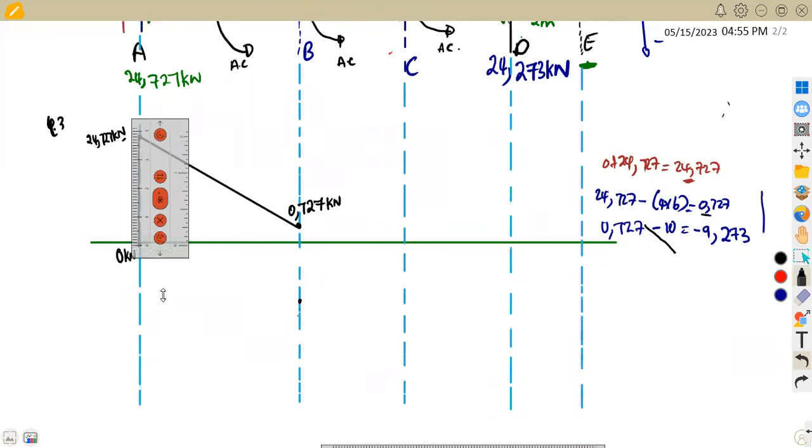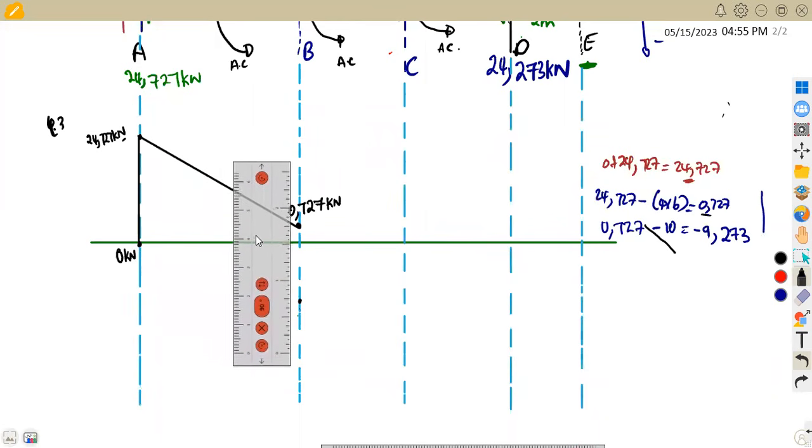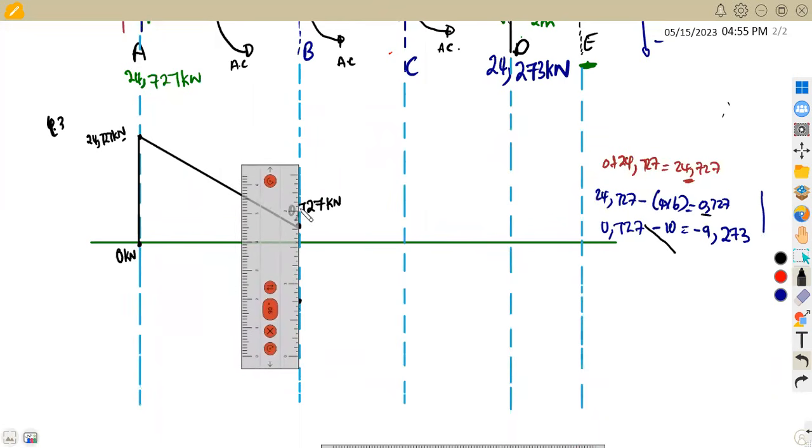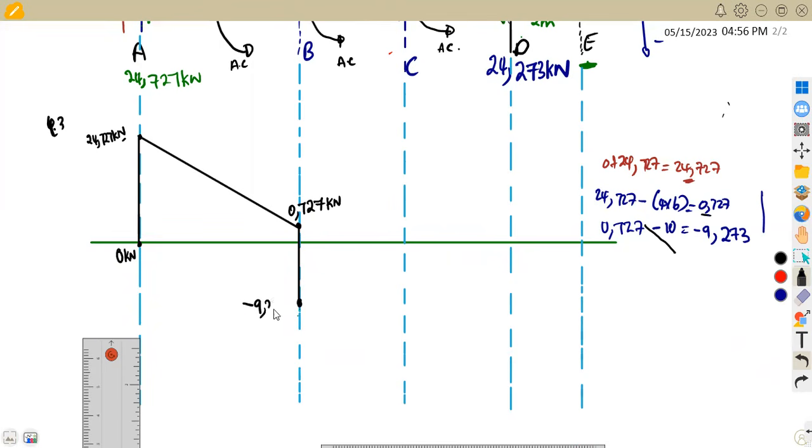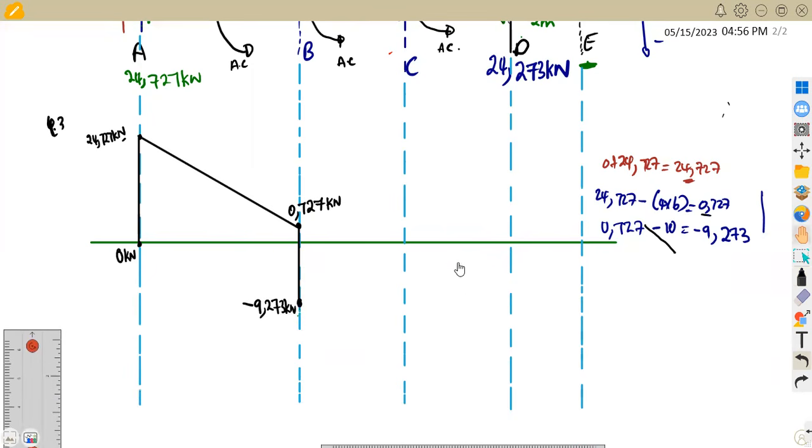So here we are going to join a vertical line from 0 to the negative value that we have there at this point. So this is at negative 9.273 kilonewton at this point.